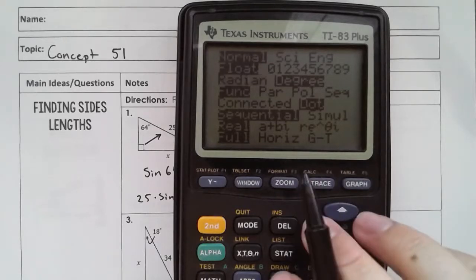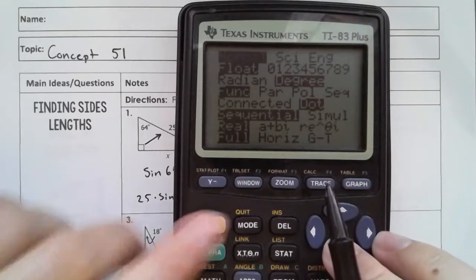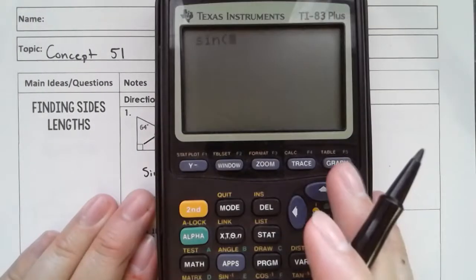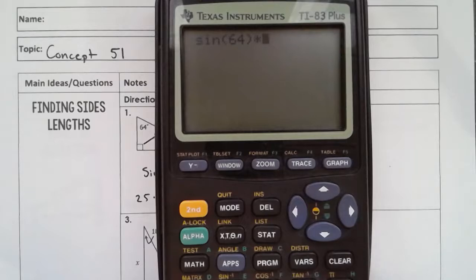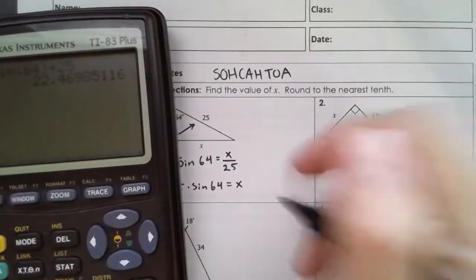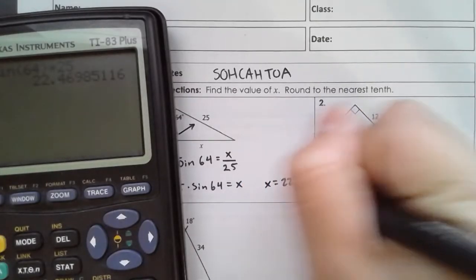It might be on radians, switch to degrees, because what you're telling the calculator is that you're inputting a degree measure. So sine of 64 times 25, and you get 22.469. Because we're finding side measures, this one can just be rounded to 22.5, and you're good.